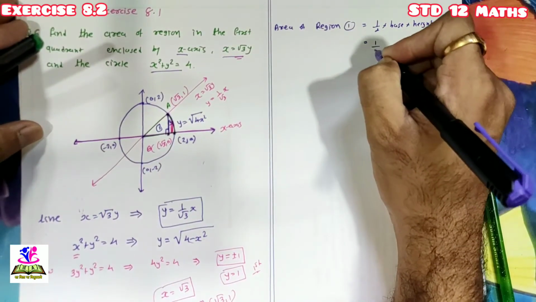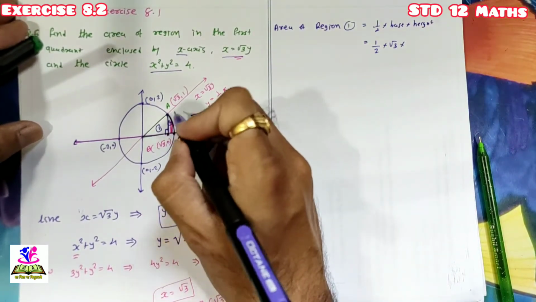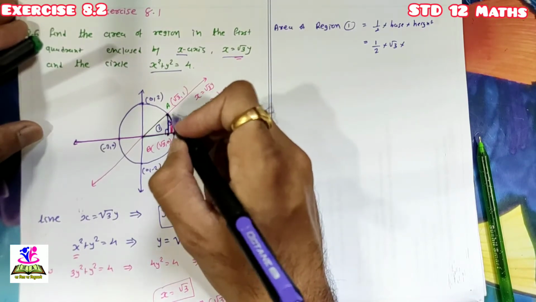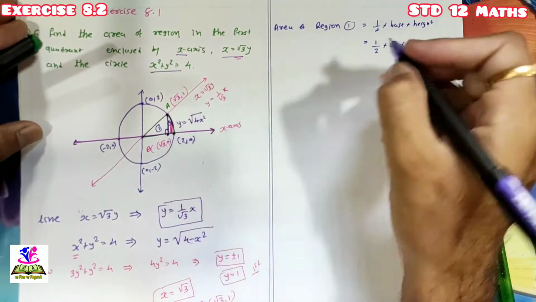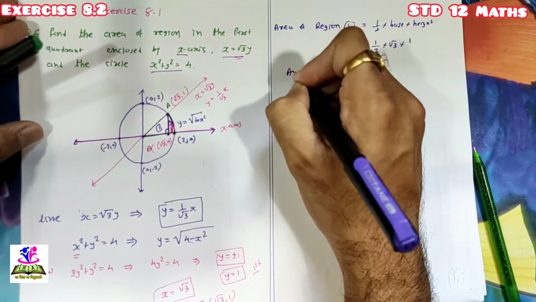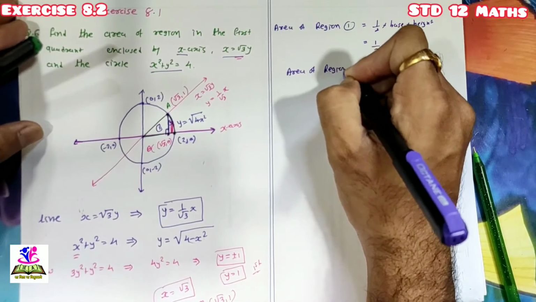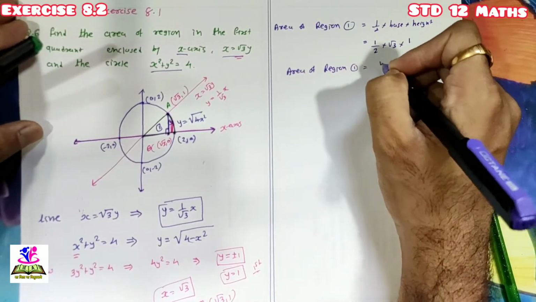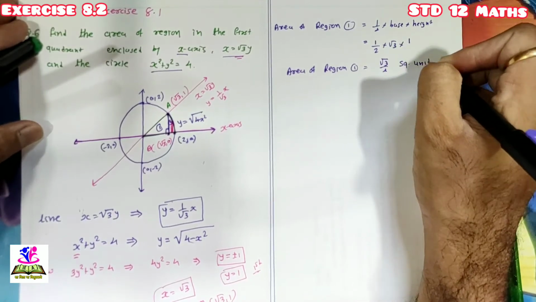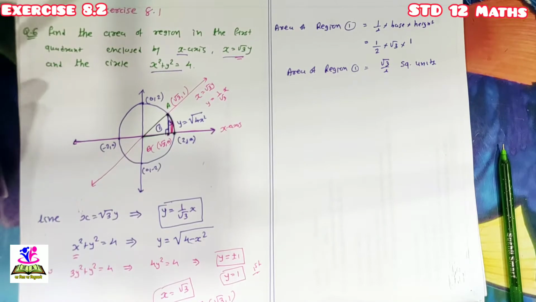So it's 1/2 × √3, and the height of this triangle is 0 to 1. Difference of y coordinate is the height, so it's 1. So area of region 1 is √3/2 square units. Clear, students? Is there any doubt?